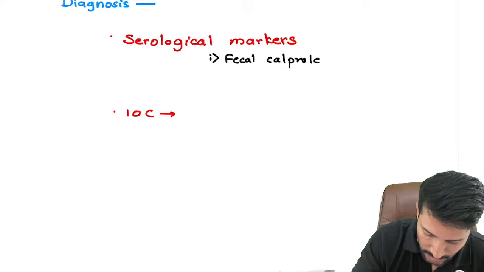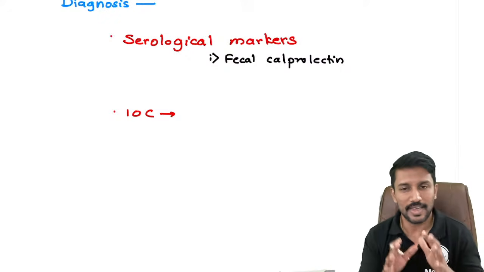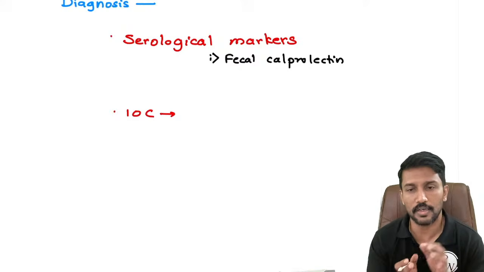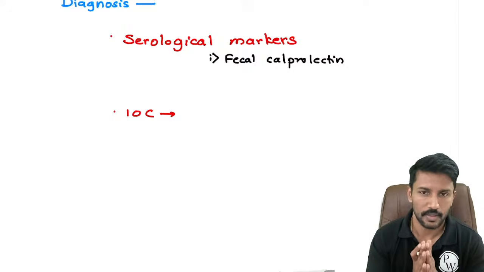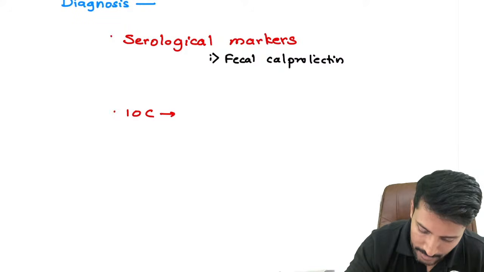Now what is it? Just like how we have ESR and C-reactive protein as markers of generalized inflammation in the body, fecal calprotectin is a marker of inflammation of your intestines or the bowel. So if there is bowel inflammation, the fecal calprotectin level will be elevated.